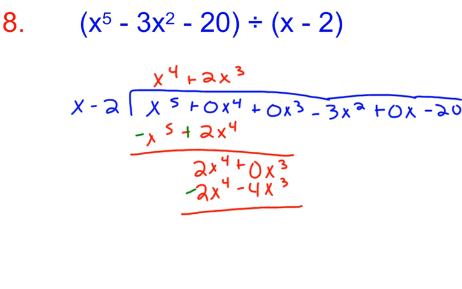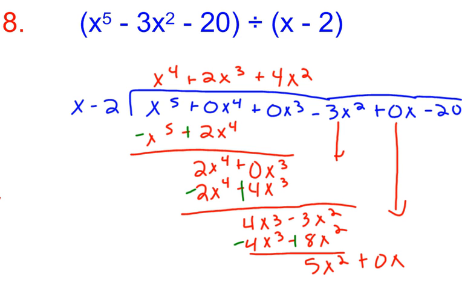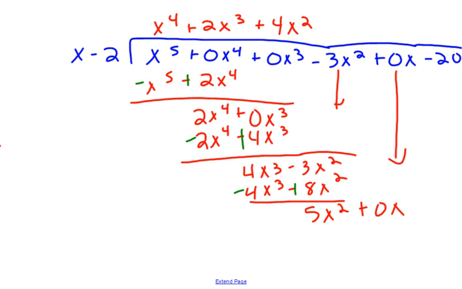Change my signs. I end up with 4x cubed, and then I'm going to bring down this minus 3x squared. What times x makes 4x cubed? That would be 4x squared. Distribute that, I have 4x cubed minus 8x squared. Change my signs, because I'm subtracting. So I have 5x squared, I'm going to bring down my 0x, so plus 0x. Give myself a little bit more room here. What times x makes 5x squared?